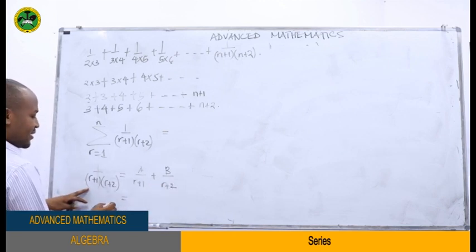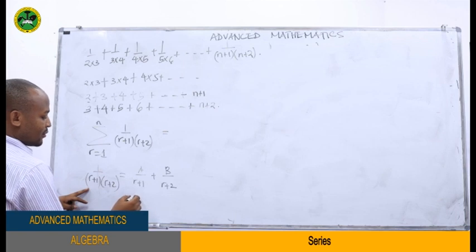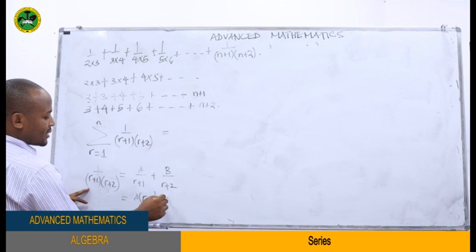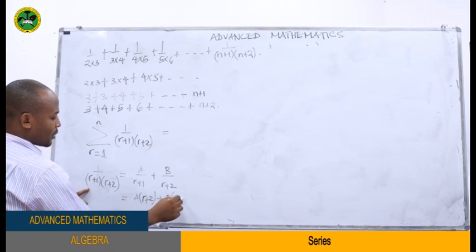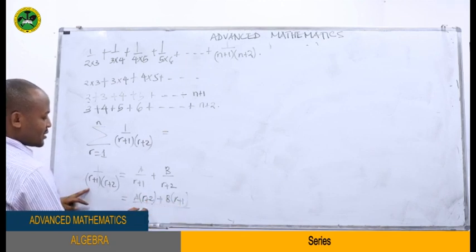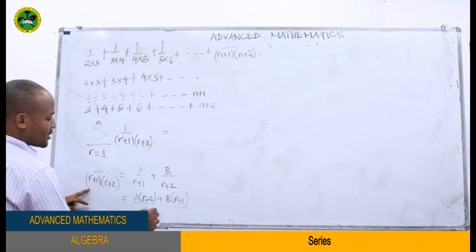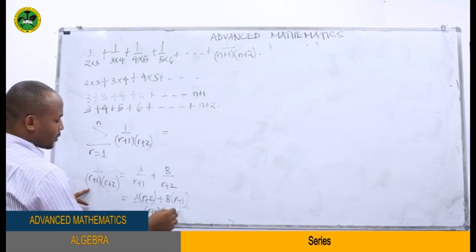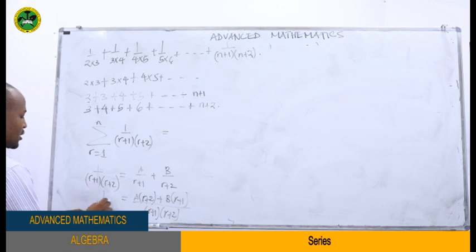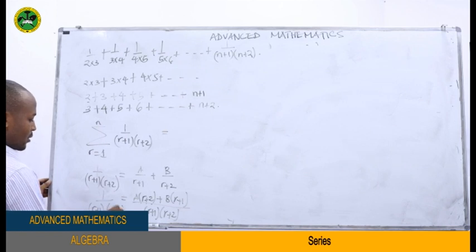Now let's simplify that. It's fairly easy. We have a(r plus 2) plus b(r plus 1), and all of this is over (r plus 1)(r plus 2), and it is equated to the left hand side, that is 1 over (r plus 1)(r plus 2).